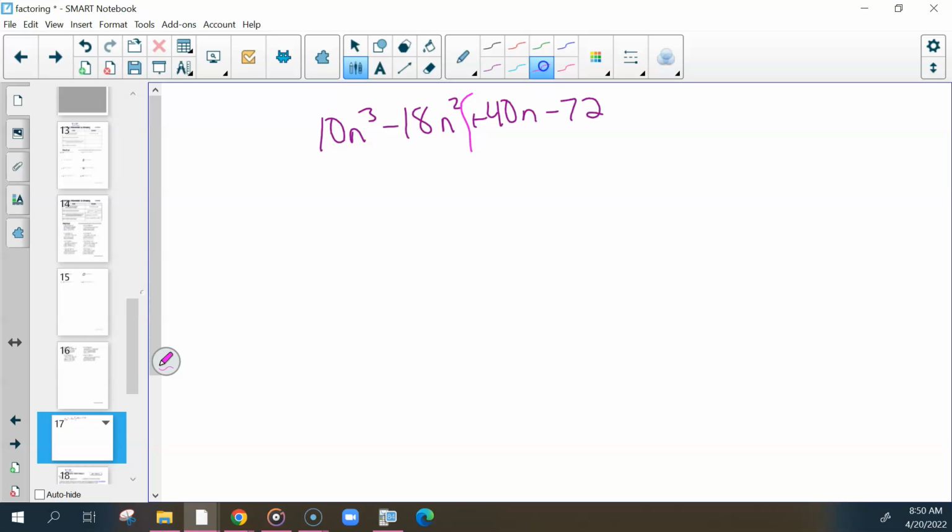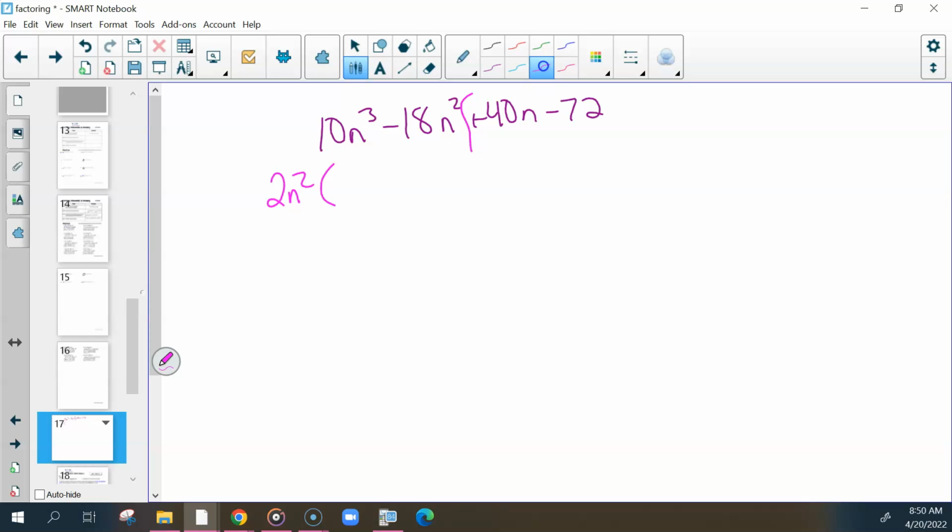So what could we divide out of these two? This is everyone's question. 2 and how many n's? 2n squared. Numbers when only one has an x go to n.